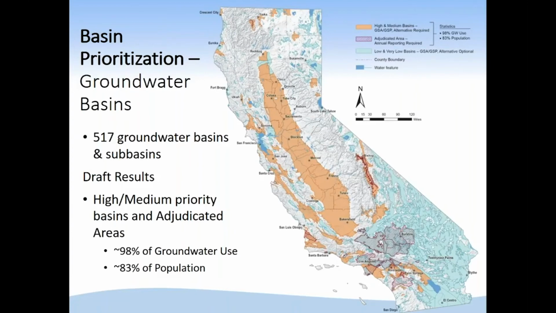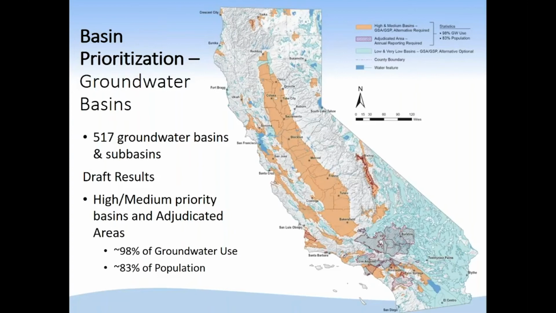But the bottom line from a statewide perspective is there were not significant changes from prior prioritization results, meaning approximately 10% of the basins or subbasins changed priority statewide. Of course, we recognize that there's a lot of significance in some of these changes at an individual basin scale, and can certainly appreciate that.